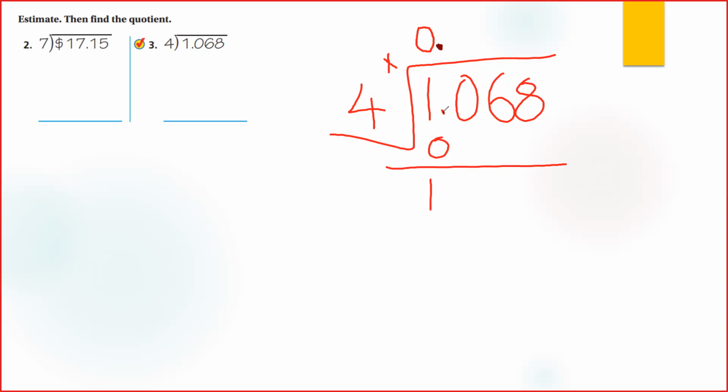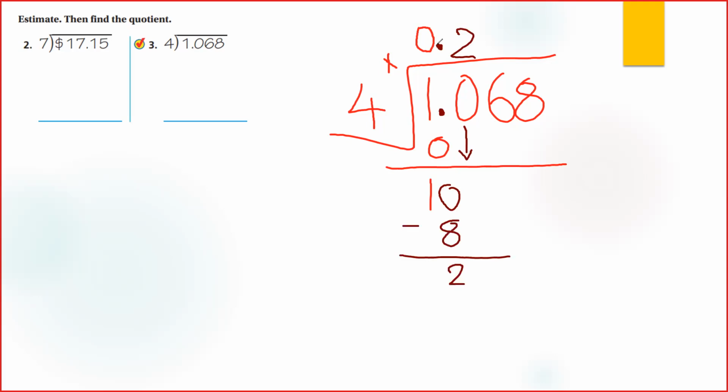So now, since you start with 1 and 1 cannot be divided, when you have the decimal point, you should add the decimal point on the quotient. Then what do you have to do next? Then 10/4. Bravo. 2 times 4 is 8.